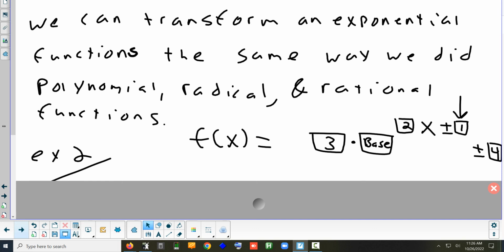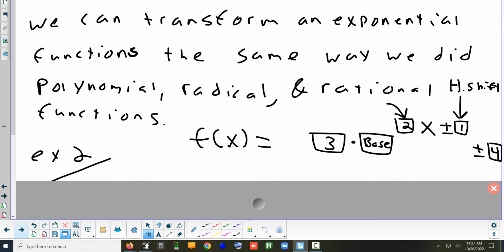What would adding or subtracting inside the exponent do? Shifts it left and right. It's a horizontal shift. How about multiplying inside the exponent? Or in general, multiplying inside the function.